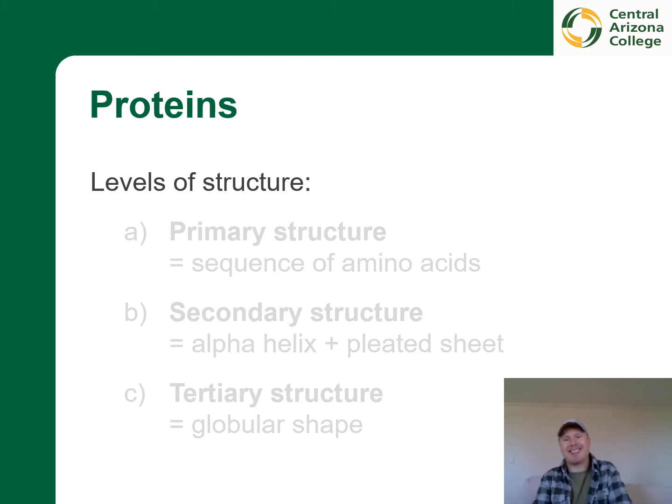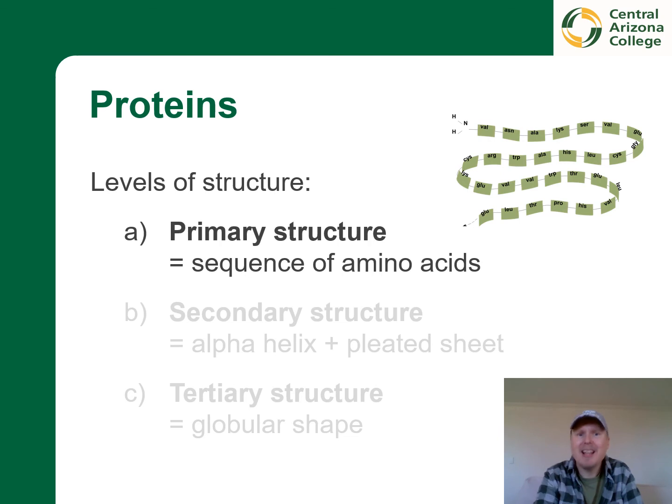Let's look at this concept. So here we see the primary structure, which is simply an amino acid chain. Remember how ribosomes used RNA template to build up a protein made of amino acids attached one after another one.